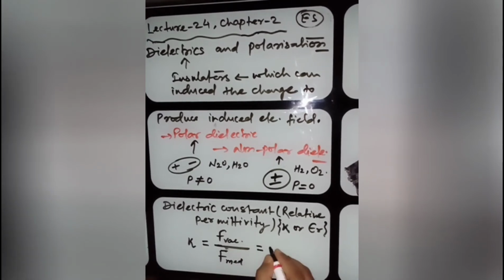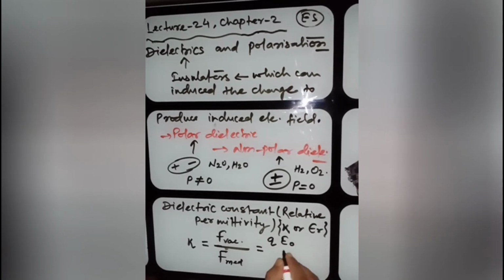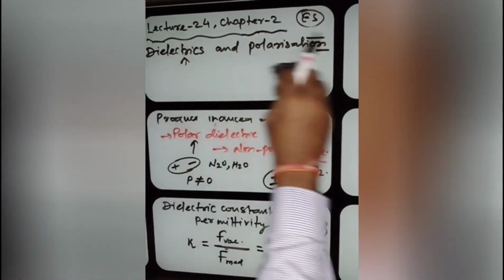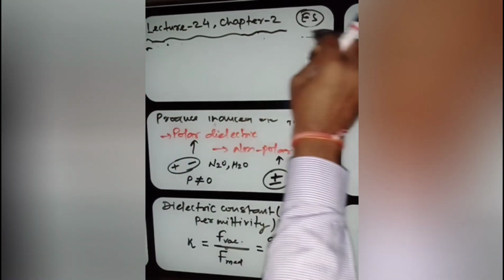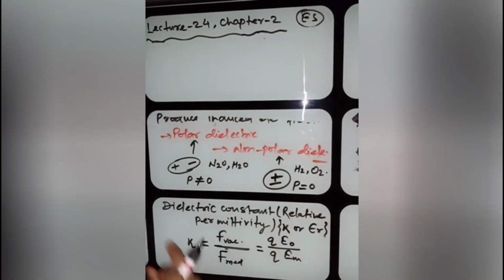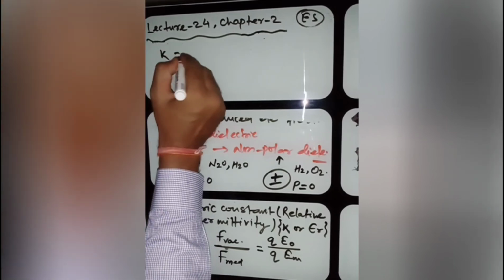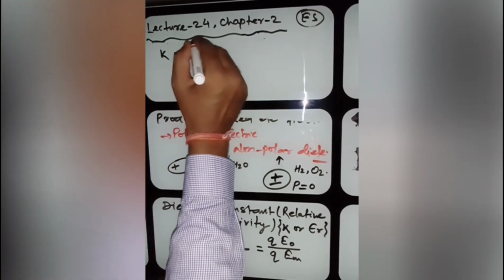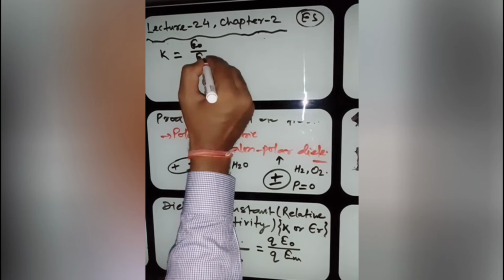If Q is the charge, then in vacuum the field is E naught, and in the medium it is Em. Q will cancel out, so we can write K is equal to E naught by Em.